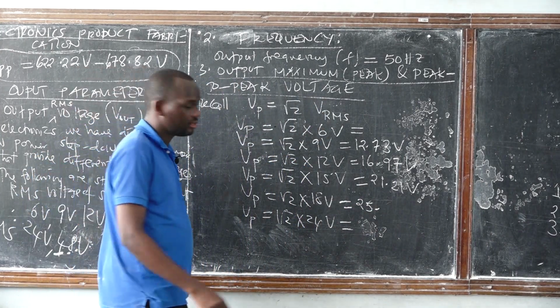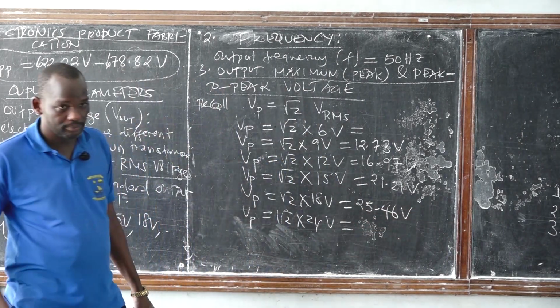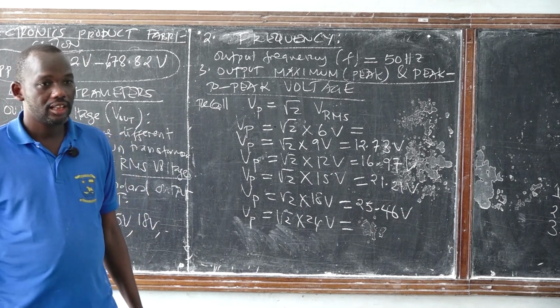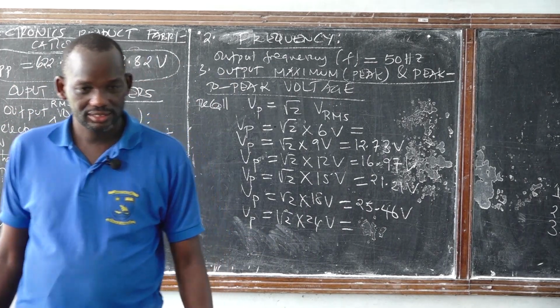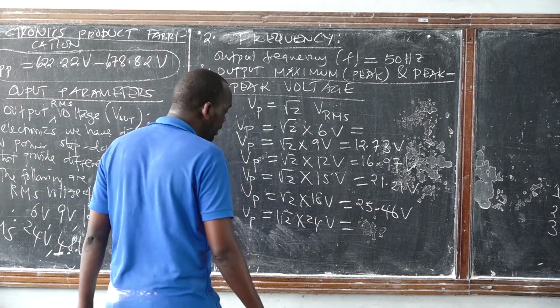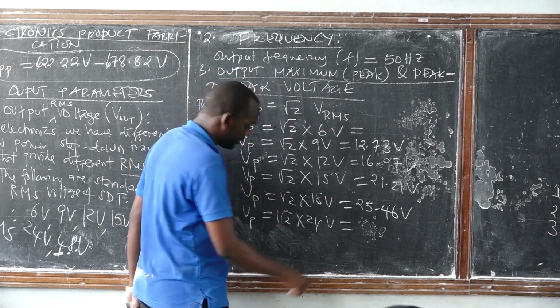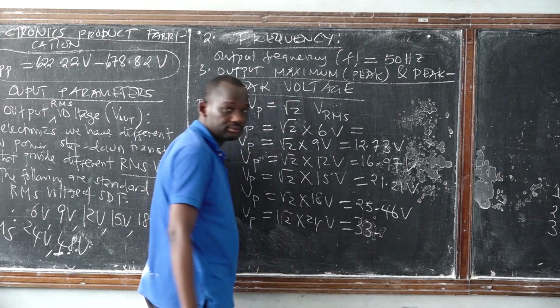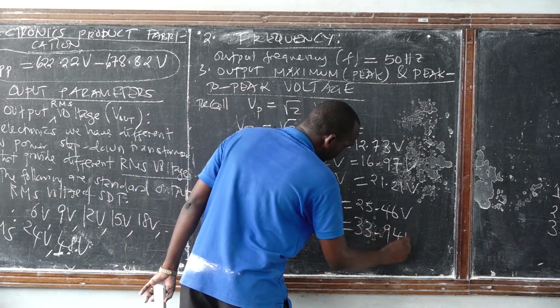And this one, square root of 2 times 24 volt, is 33.94 volt.